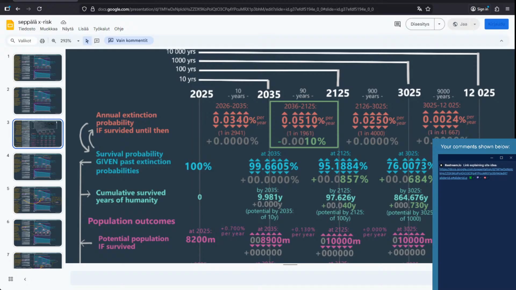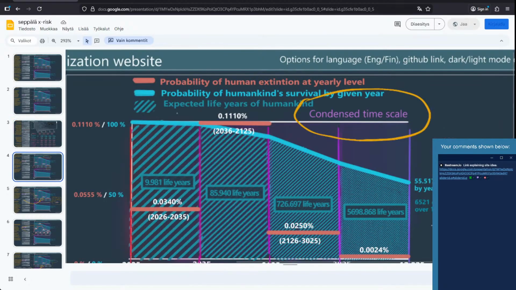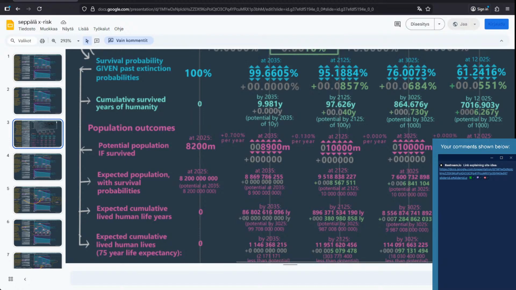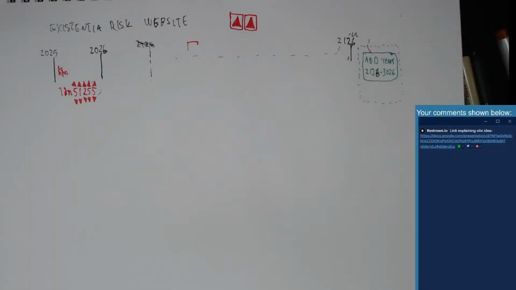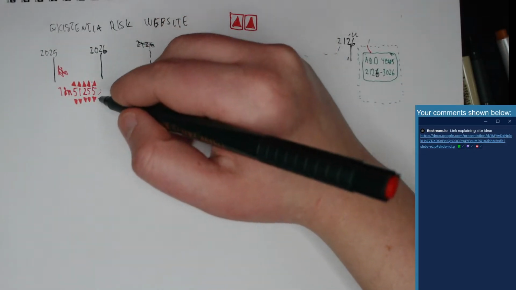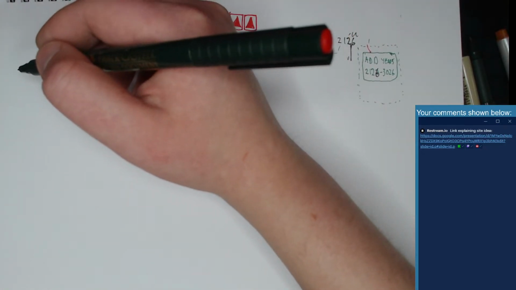I should maybe add that somehow, because all these other values are for specific years, they are not interval values. But I could also add it.